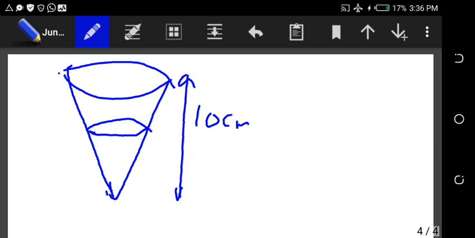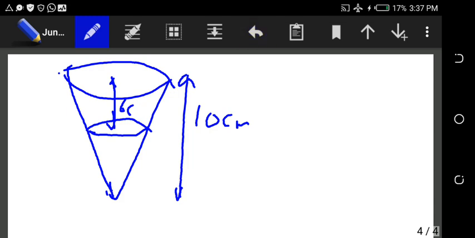But when you consider the frustum, the height of the frustum is, let's say, 6 cm.